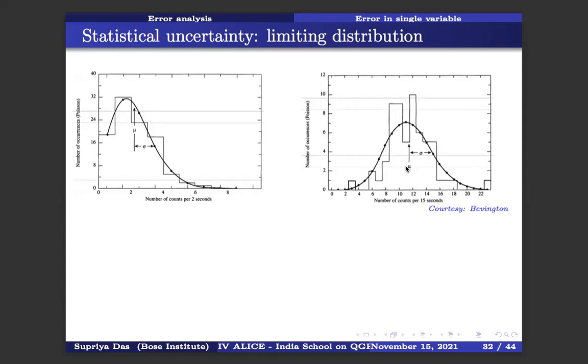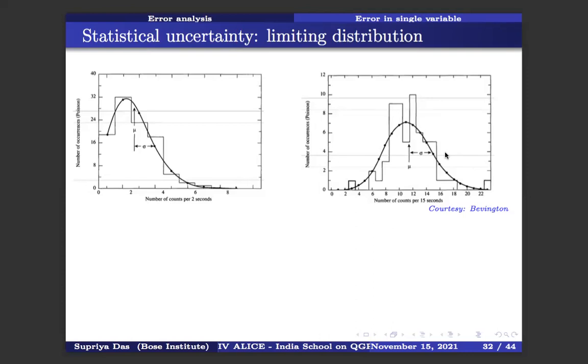Why has this happened? This has happened because here your n within an interval was very small. As you increase the n, you remember, for an increased n, your Poissonian boils down to Gaussian. So this is still a Poissonian, but it is going towards Gaussian, right?